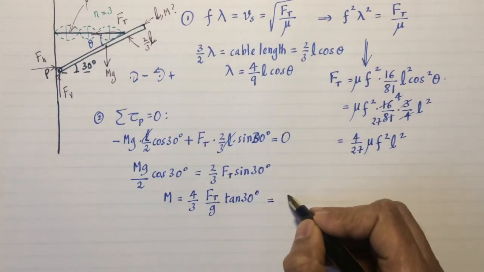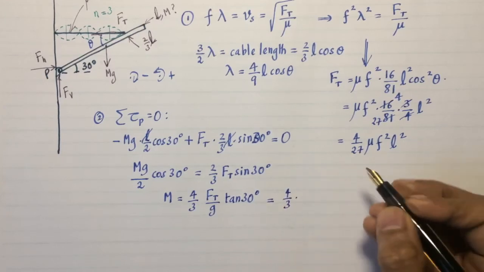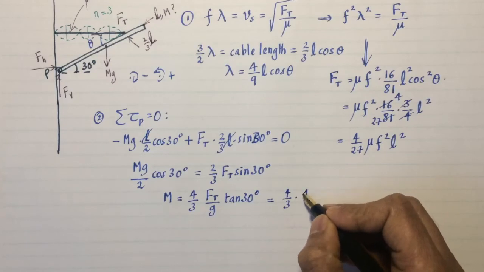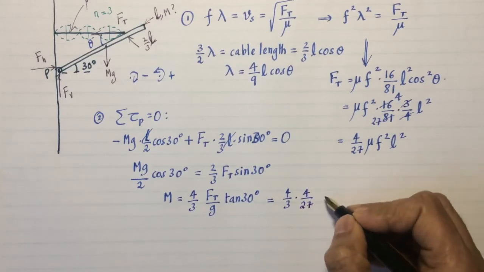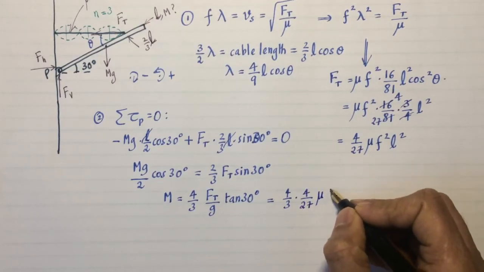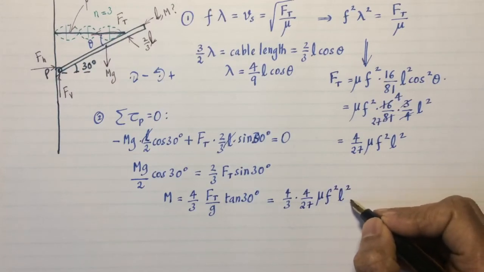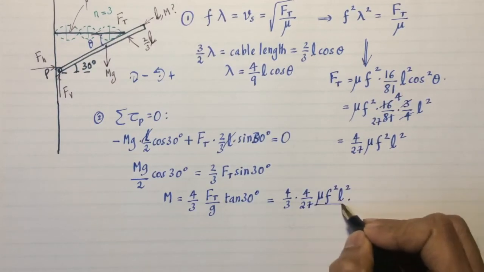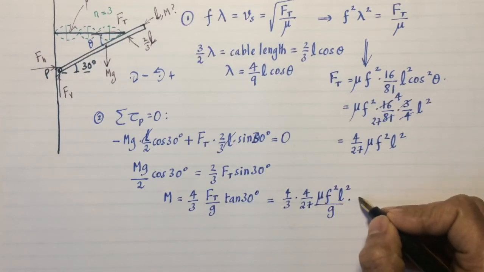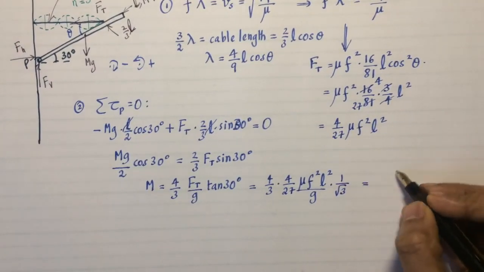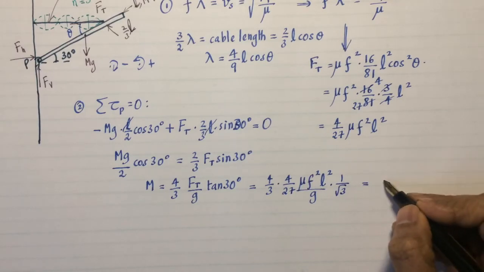So I have the mass of the flagpole. 4/3 times 4/27 mu F squared L squared divided by g. Now sine 30 is half cosine 30, so tan 30 is 1/√3. So this is what I have for the mass of this object. So we have done the first part of the problem.